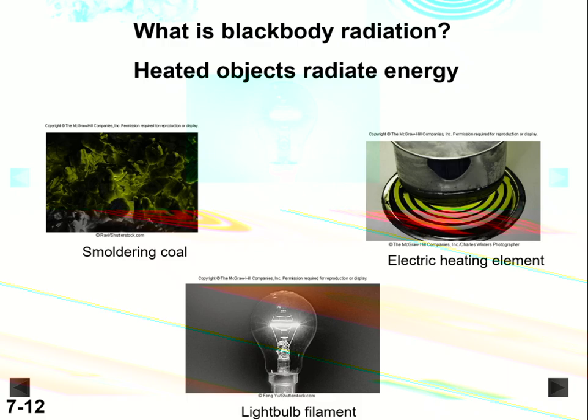The heated element, like the cal rod burner, if you have an electric stove, that burner element is a black body radiator. The old school light bulb filaments are black body radiators. When you have a piece of tungsten wire and you run a lot of current through it and it glows, all of these are black body radiators. Now, why do we care about these?